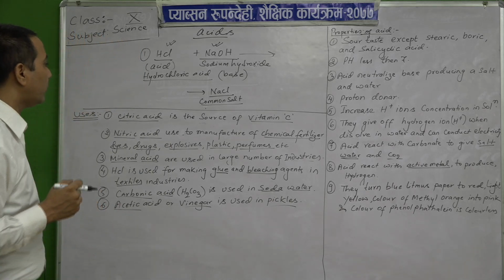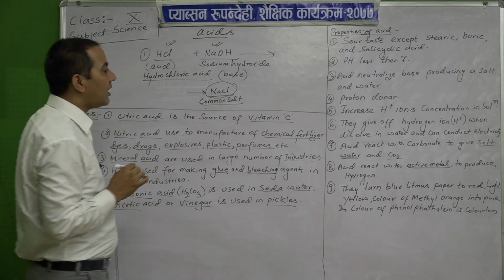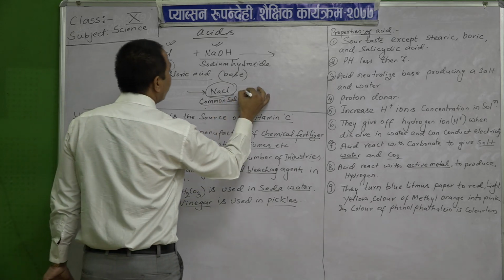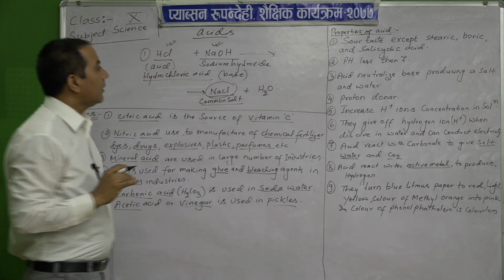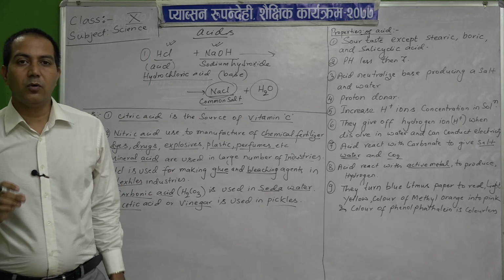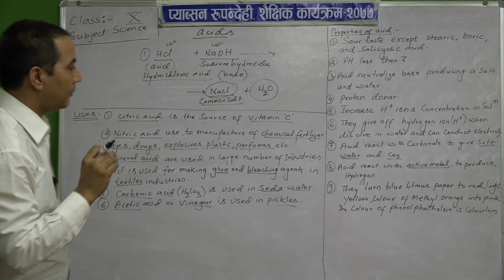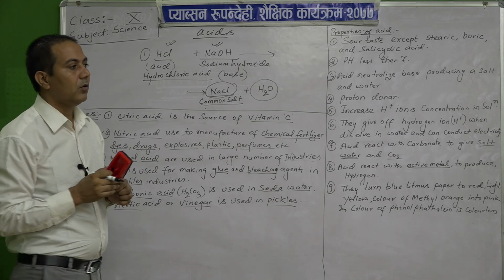NaCl is the common salt, and the other product will be H2O. That means another property of the acid is that when they react with base, they produce salt and water.